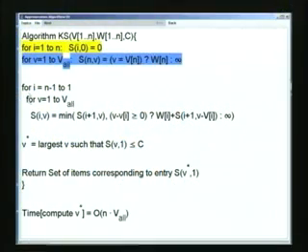So, how long does it take just to compute everything from here until V star? Well, this loop will take time O of n, this will take time O of V all, and here we have nested loops, and therefore, it will take time O of n times V all.